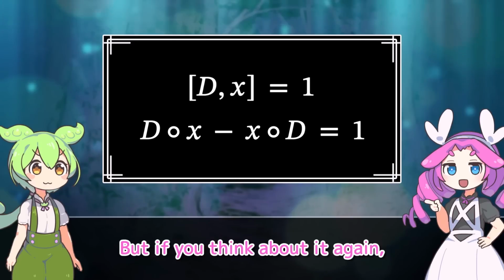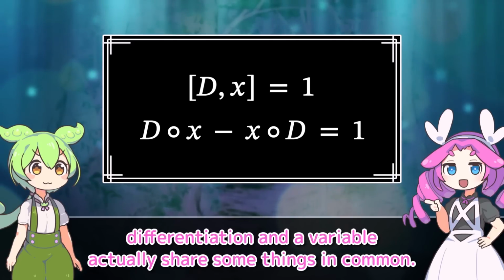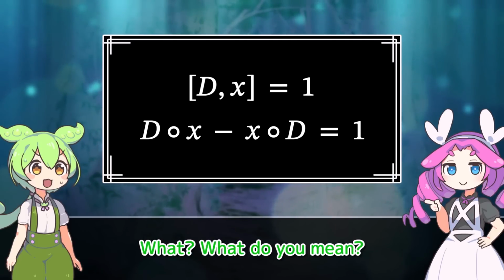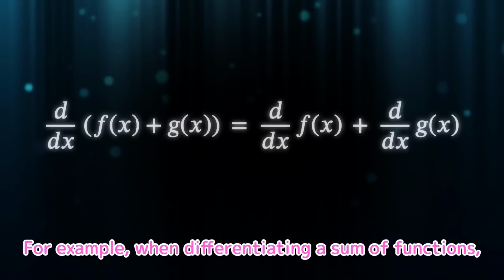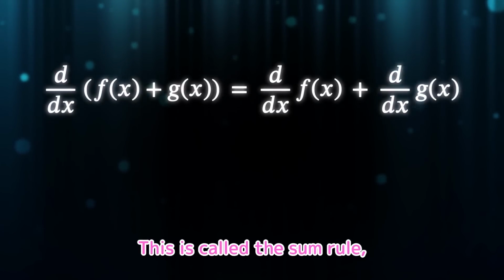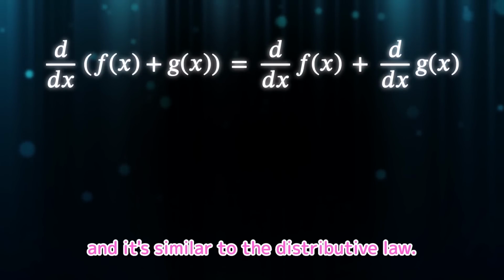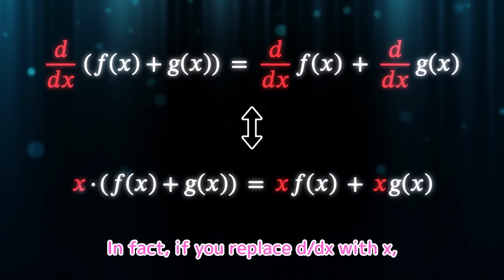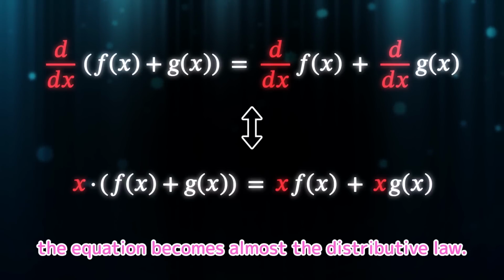But if you think about it again, differentiation and a variable actually share some things in common. What? What do you mean? For example, when differentiating a sum of functions, you can differentiate each function and then add the results. This is called the sum rule, and it's similar to the distributive law. In fact, if you replace d by dx with x, the equation becomes almost the distributive law.